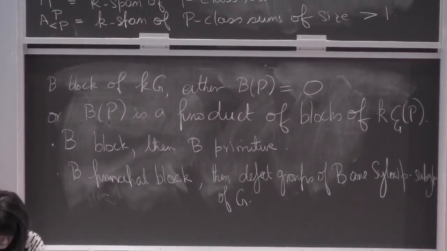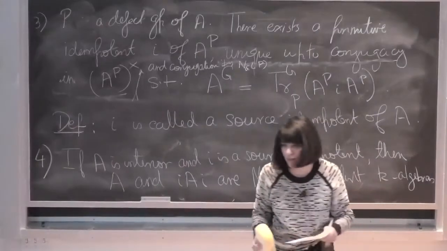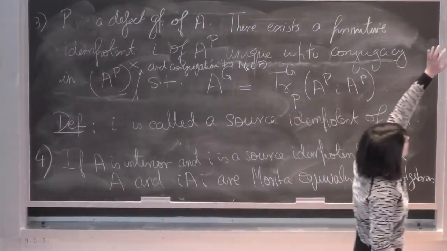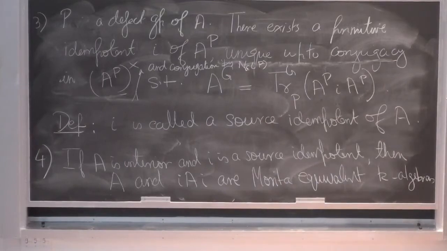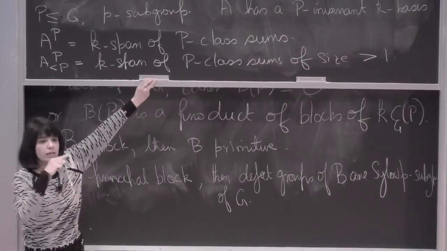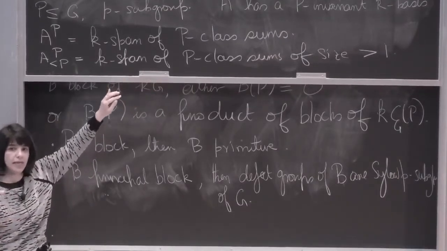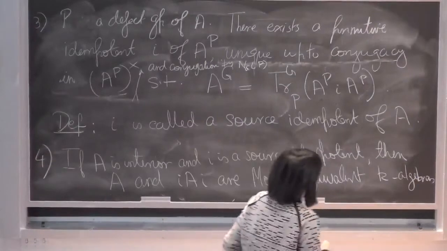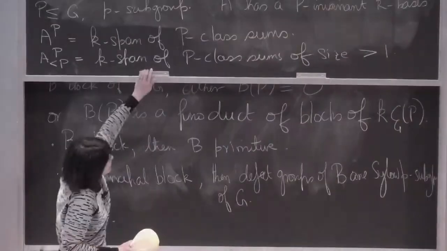Now, for the next few minutes, let me concentrate on a block of a finite group algebra. We have seen that every block has associated to it a conjugacy class of p-subgroups of G which satisfy these two conditions. So why is this an important notion?